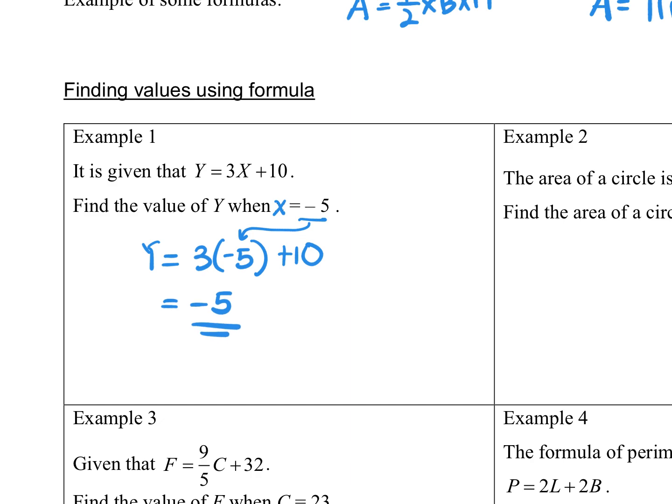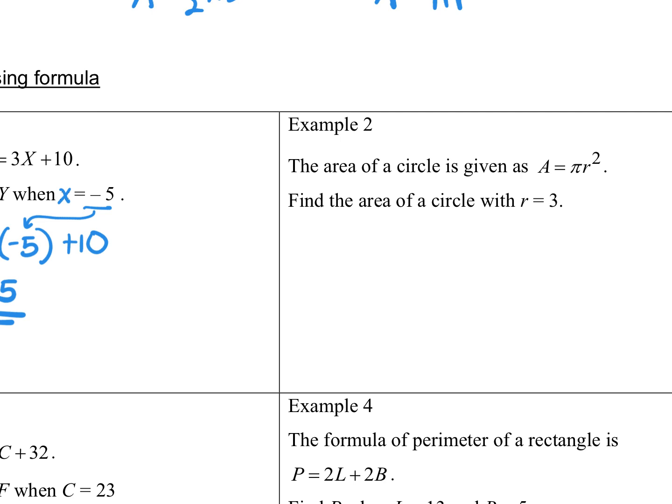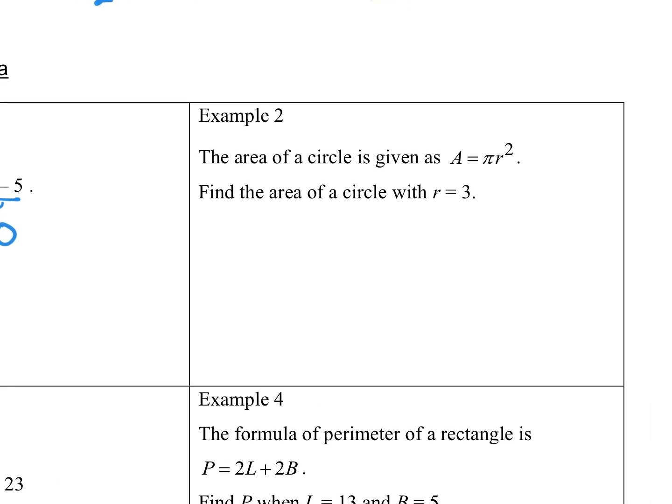Let's try a few more different types of formula. For example, the area of a circle is given as A equals to pi r squared. Find the area of a circle when the radius is equals to 3. I'm going to change my letter r into bracket square, and my letter r is now the value 3.